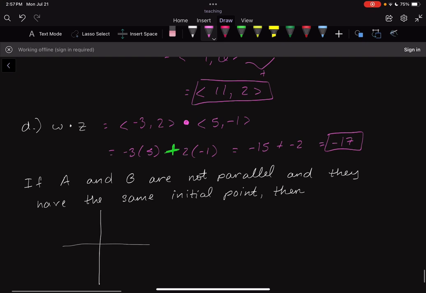So if we have A here, and then we have B here, they have to have the same initial point. So they're starting at the same place. A minus B would form a triangle.